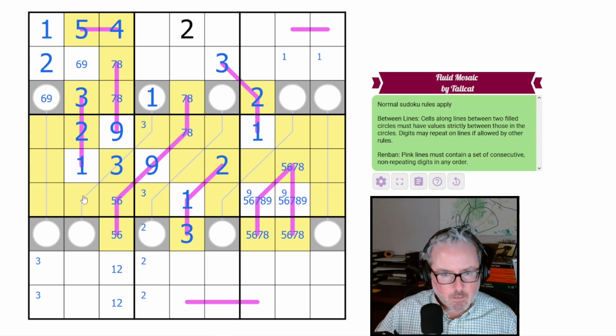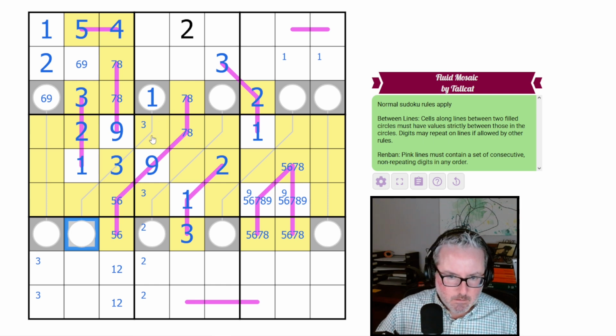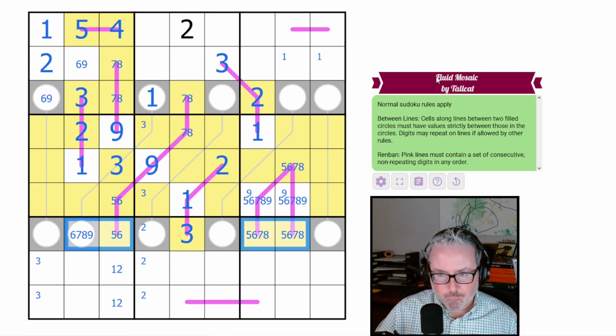All right, we're making some progress. Let's keep thinking. This now has to be 3, 2, 3, 4. This has to at least be a 6. 5, 6, 7, 8. Very close on that one to having a quad going on this 5, 6, 7.